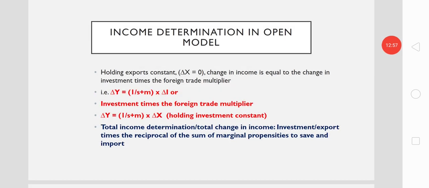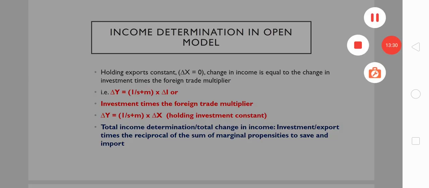The income is equal to the change in export times the reciprocal of the sum of marginal propensity to save and marginal propensity to import, that is 1 by (S plus M) into ΔX. This is the case of income determination when investment is assumed to be constant. So these are the two possibilities of income determination in an open economy model.